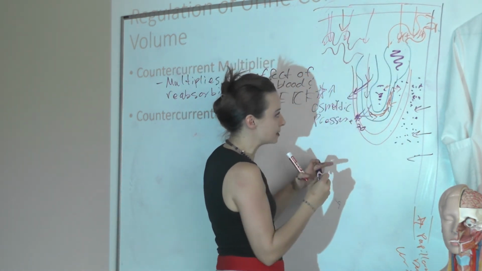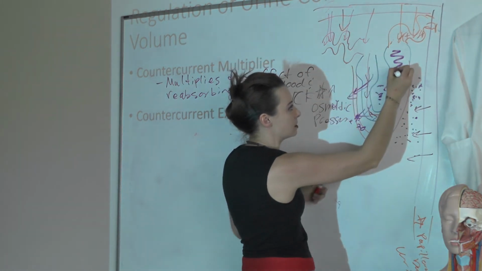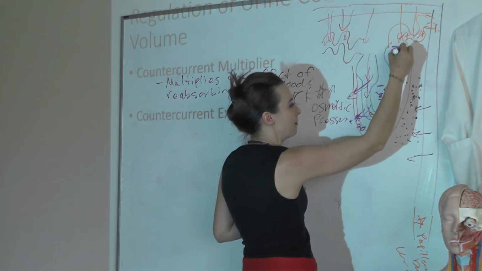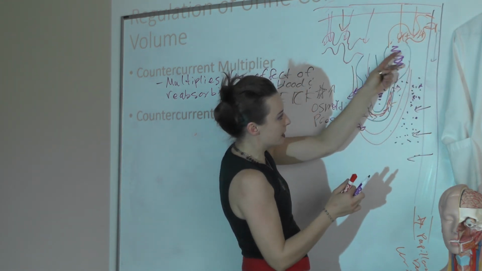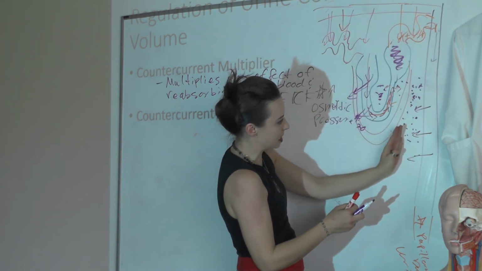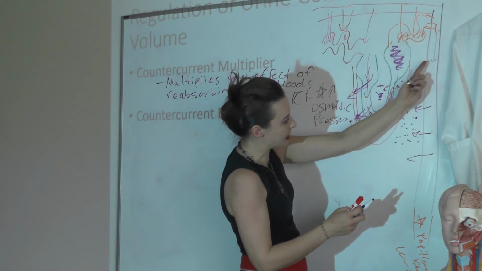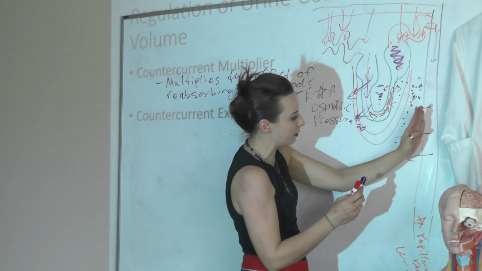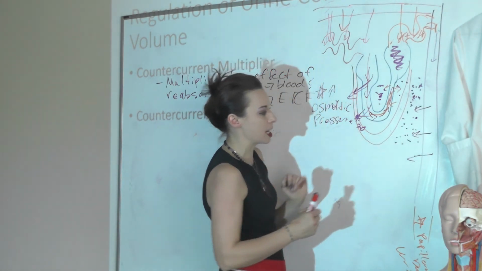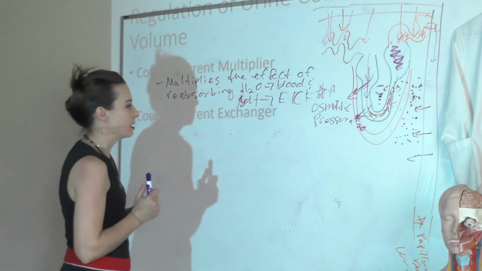And so what happens then is we actively pump out those salts, this fluid gets re-diluted as we come up in here. Then when we get to the collecting duct, this fluid is dilute relative to here. So now as I pass back through this salty interstitium, I can have maximal water reabsorption because I've created that osmotic pressure gradient.